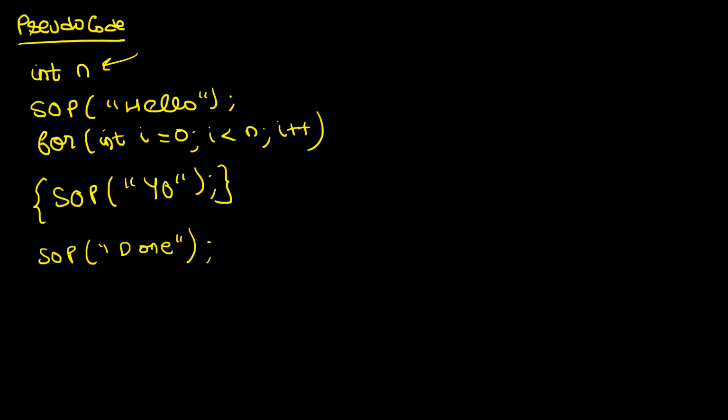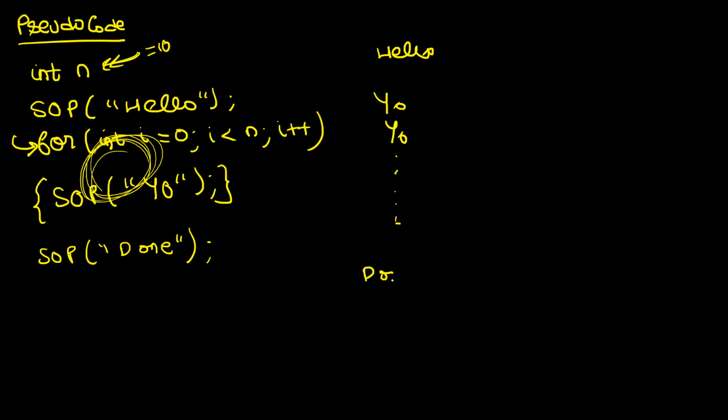Guys, try to understand what will happen. If I give the value of n as 10, what will happen? I will print hello, then I will enter inside this loop. How many times will this loop run? This loop will run for 10 times. I will print yo for 10 times, and then I will print done.